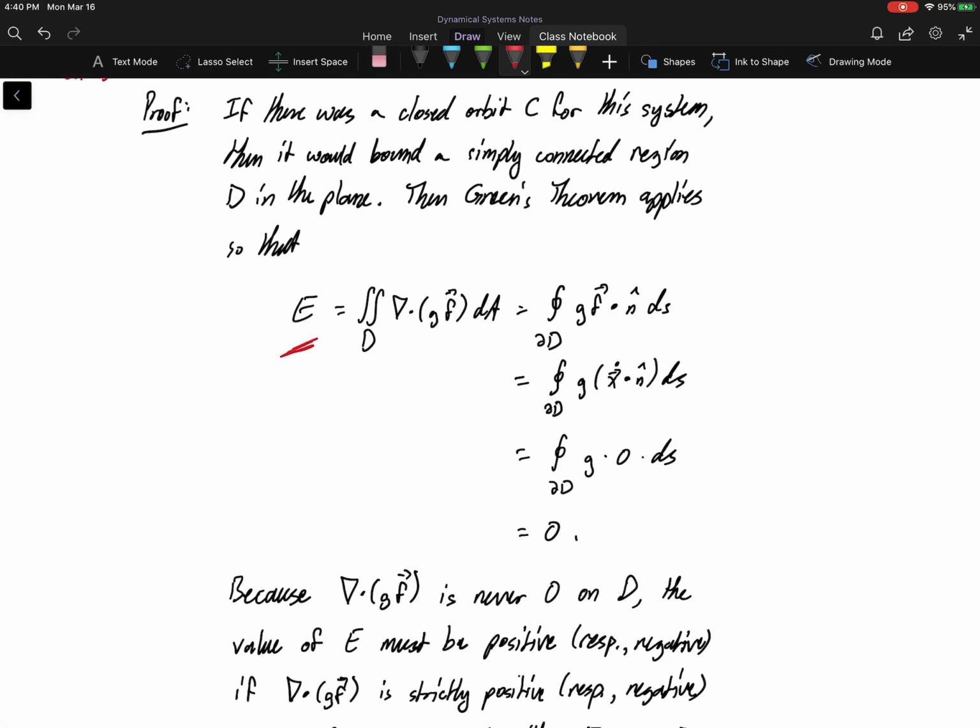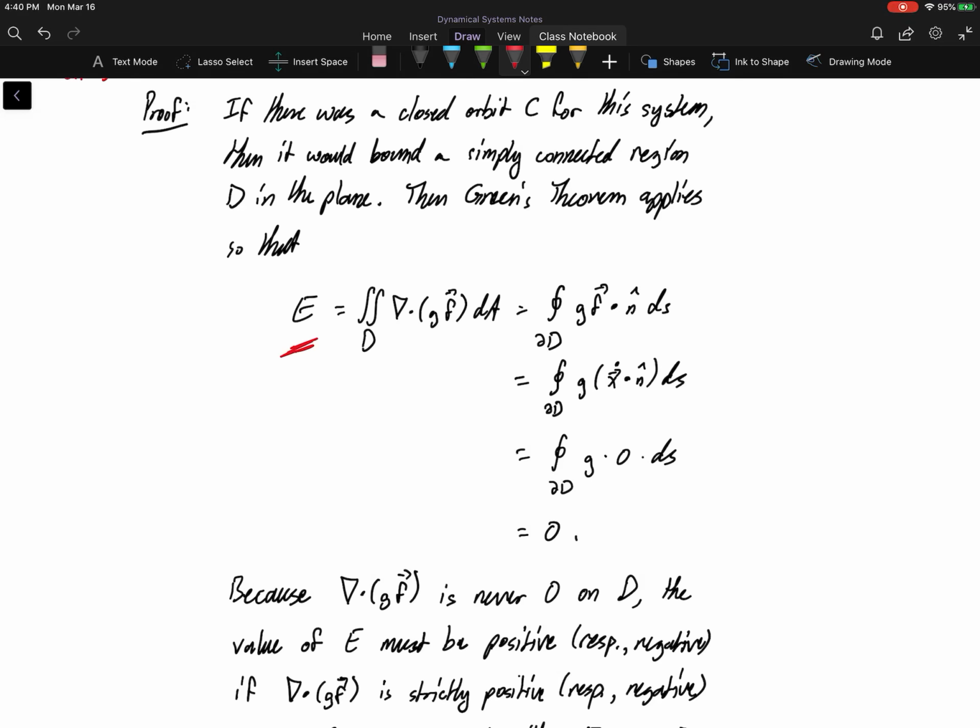And so we're going to say that there's this function E. Remember, we're trying to say this is kind of like an energy. Since we're making this look kind of like a flux integral, or a work integral, this should be some version of an energy or a work quantity. So I'll call it E for energy. And we're going to call that the double integral of the divergence of GF.